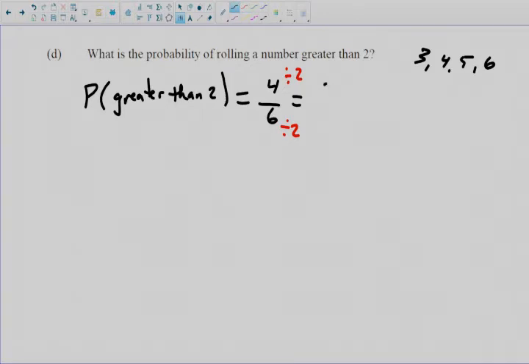That gives 2/3. And since 1/3 was 0.33, 2/3 is the double of that, which is 0.66. And writing that as a percentage gives 66%. So there's a 66% chance of rolling a number greater than 2.